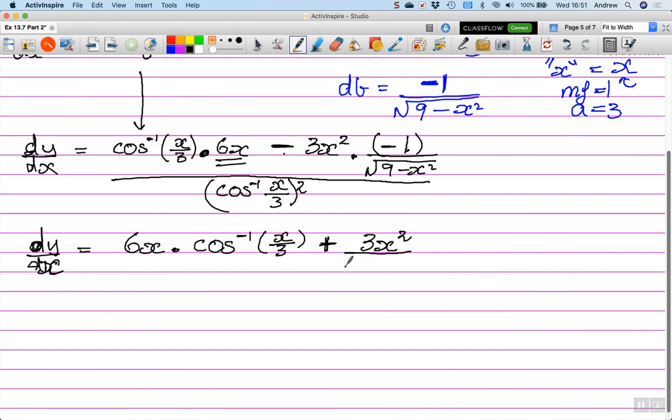On the bottom is going to be the square root of 9 minus x squared. And then that whole thing is going to be divided by cos inverse of x over 3, and then round that is all squared. That's the end of that particular problem.